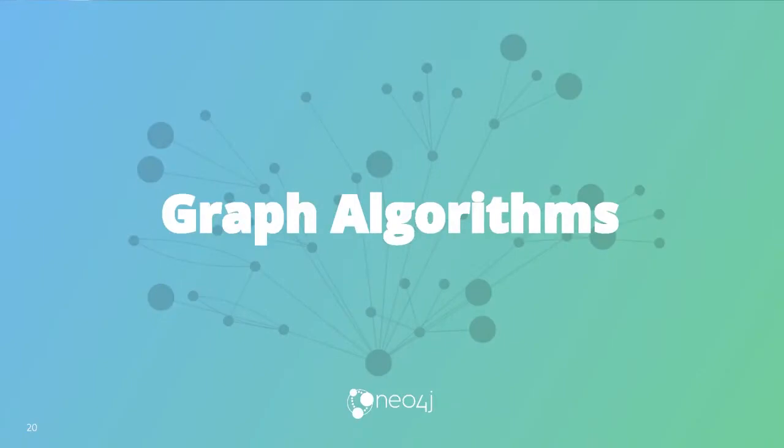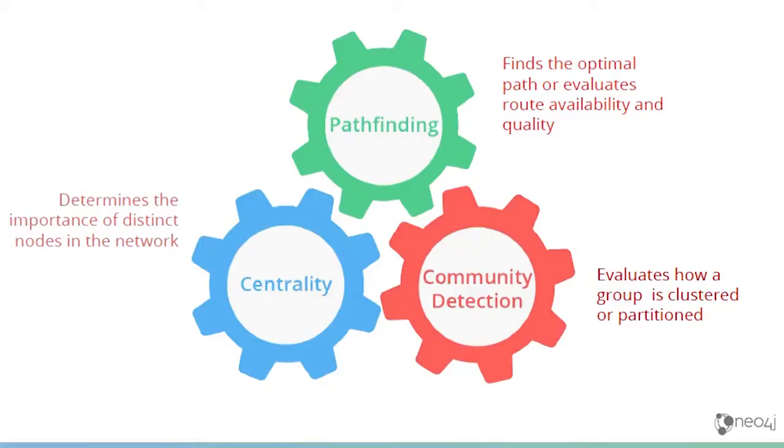So let's dive into the algorithms part. You probably have already seen this, but we have three different types of algorithms: pathfinding, centrality, and community detection. Those are the groups that we put them in. These perform a variety of functions across many disciplines, so I'm going to highlight some of that here.